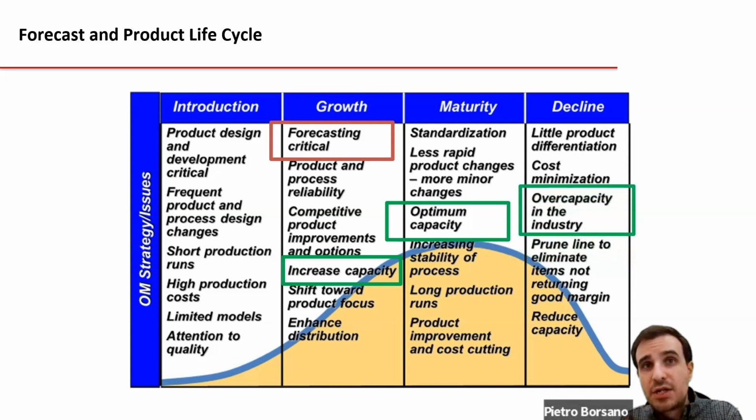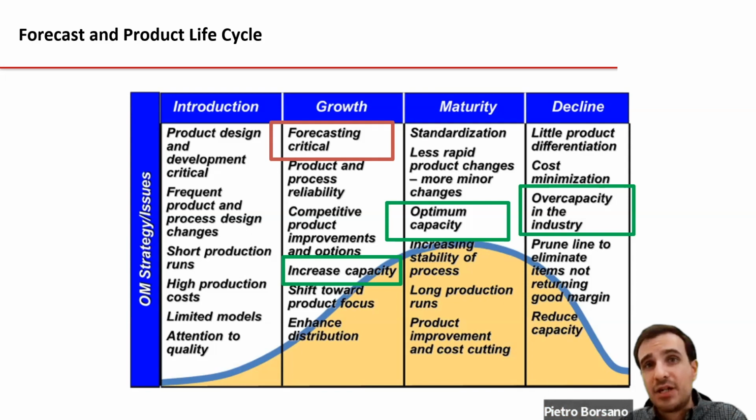Then we enter into the decline stage. This is when our product becomes obsolete. And by becoming obsolete, eventually the demand for that product will decline. Most likely during the decline stage, there is some new product that is at an early stage. There is a new product life cycle that is just beginning now.